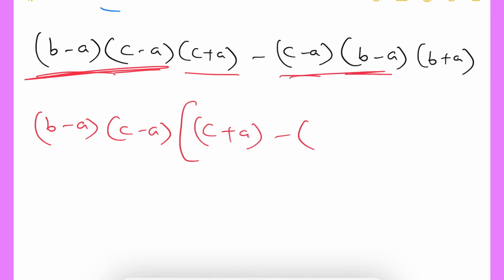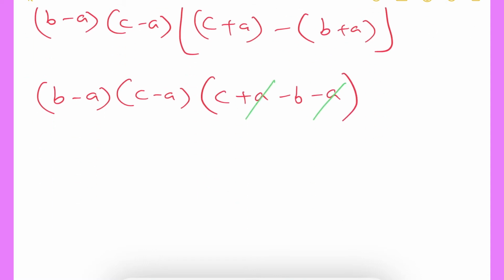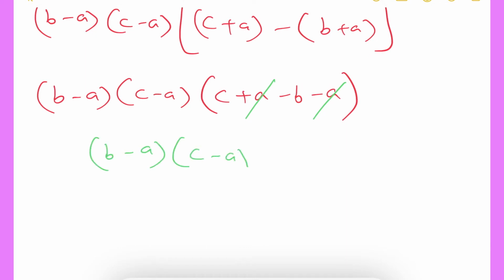Minus, here b minus a into c minus a completed, then remains b plus a. So we remain with b minus a into c minus a into, I'll open this bracket, c plus a minus b plus a. Here plus a minus a will get cancelled, then we remain with b minus a into c minus a into c minus b.